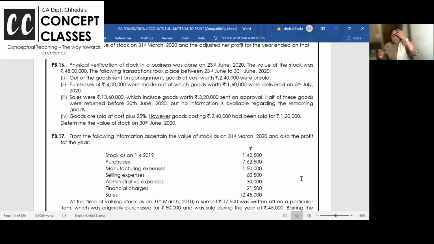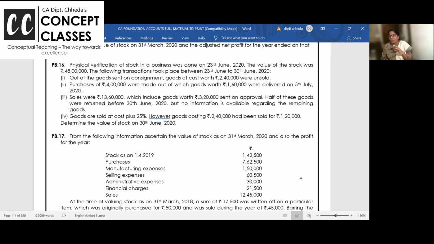16th problem. Physical verification of stock in business was done on 23rd June and the value of stock was 48 lakhs. The following transactions took place. So now you want to bring the stock to 30th June from 23rd. Out of the goods sent on consignment, goods at cost of 240 were unsold.